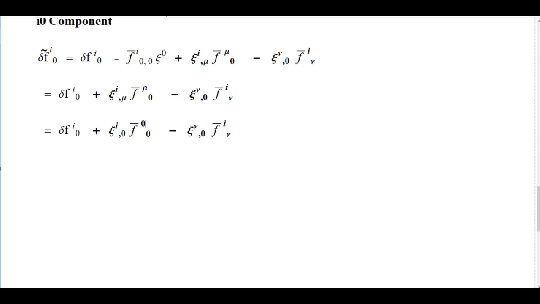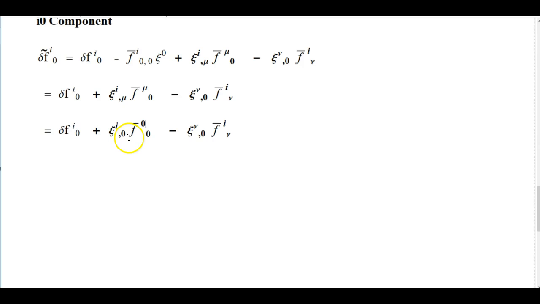Because in the background universe, which is homogeneous and isotropic, any tensor with two indices, like 1 1 or alpha beta, 1 1 or 0 2 or 2 0, will have only 0 0, 1 1, 2 2, and 3 3 components. It will be a diagonal matrix. So non-diagonal components will be 0 in the background universe. So only the 0 component survives here.